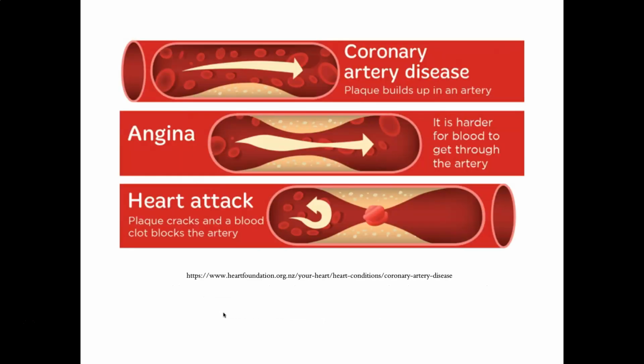Yes, the plaque builds up in the artery. Then you have it advancing to angina, whether that's stable or unstable angina, where it's harder for the blood to get through the artery. Then that can develop into an acute myocardial infarction, an AMI, or a heart attack, where the plaque cracks and a blood clot blocks the artery.